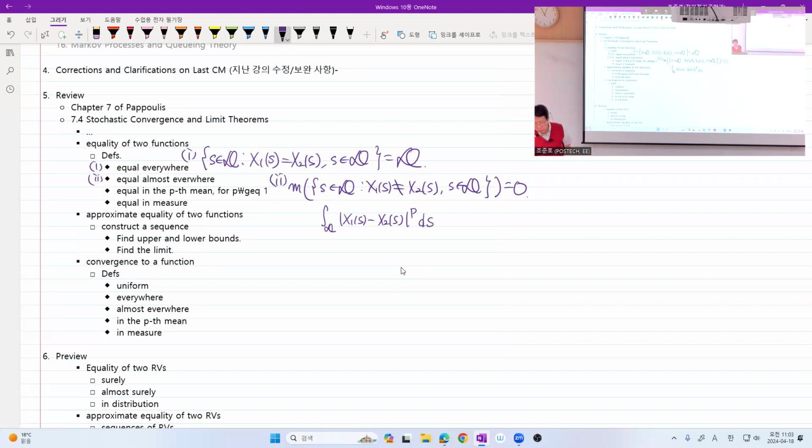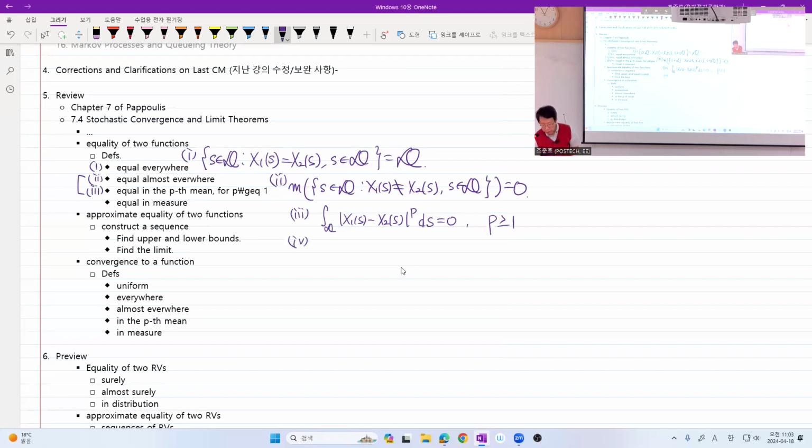And this can be 0 or not, but if this is 0, we may call the two functions equal in the p-th mean. And interestingly, you can easily show that in the function equality, the second and third definitions are the same for p greater than or equal to 1.